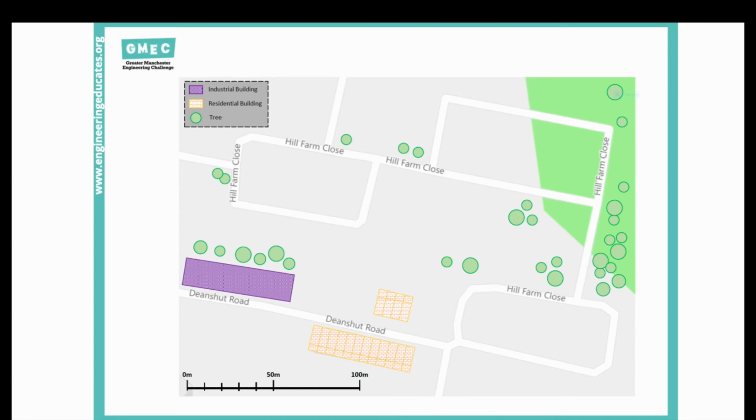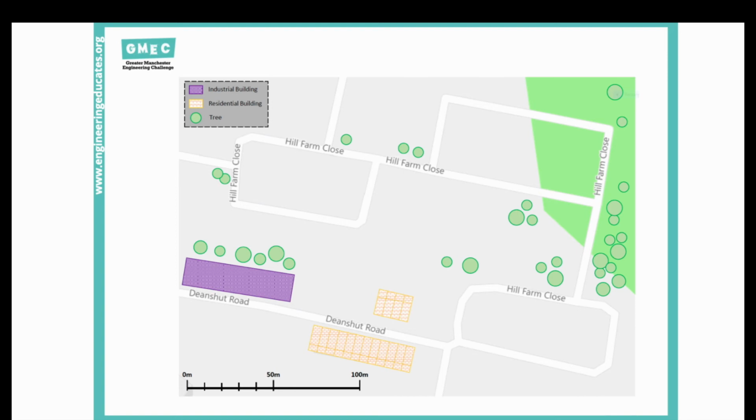And because A3 is about 1.5 times A4, your scale will be 1.5 to 1,000, which means that every 1.5 centimetres on your site plan is now the equivalent to 10 meters. So you need to think about that a little bit if you're enlarging this, because otherwise, when you come to draw your features on here, your houses, whatever you're creating, won't be appropriately scaled. Because we need to make sure that they take up an accurate amount of space.